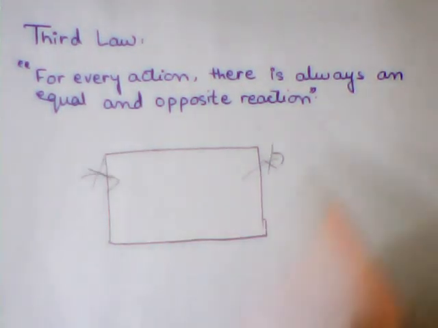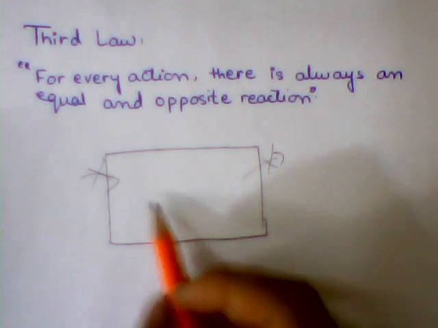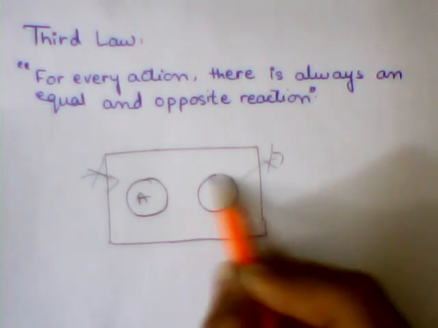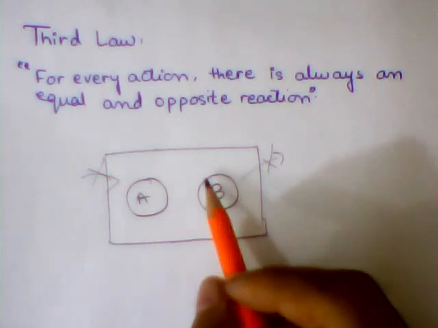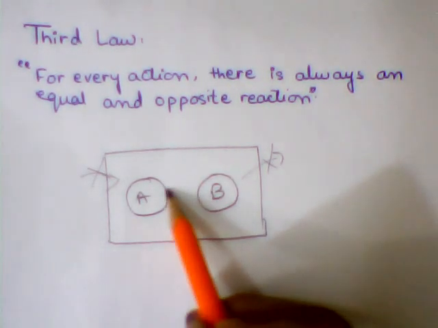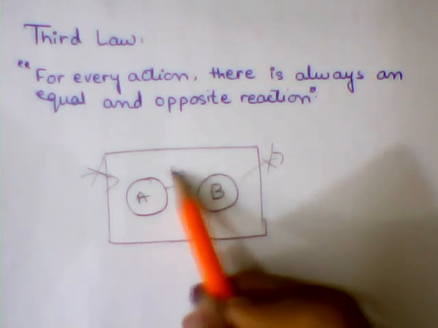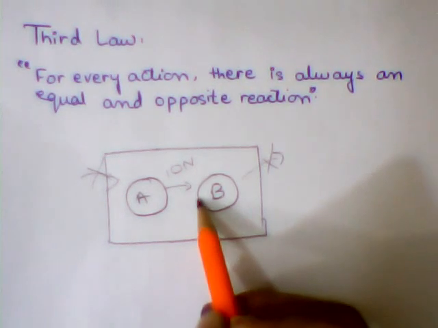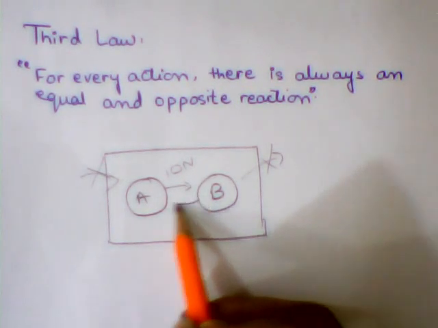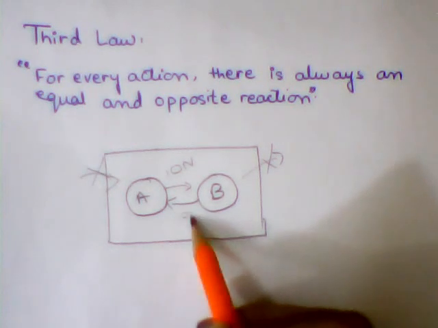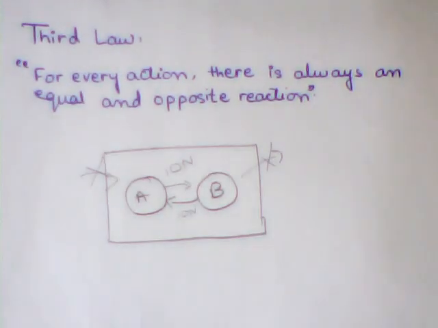This is an isolated system. And if we have two objects over here, object A and object B, the force that object A exerts on object B is 10 newtons. On the other hand, as a reaction, object B exerts the same force on object A but in the opposite direction. So this is the action reaction.